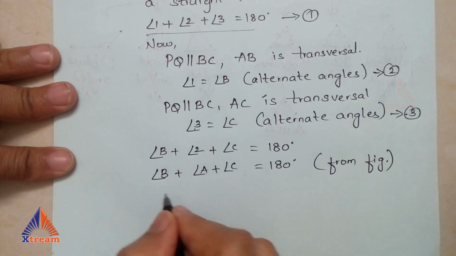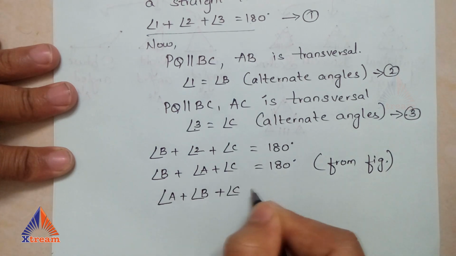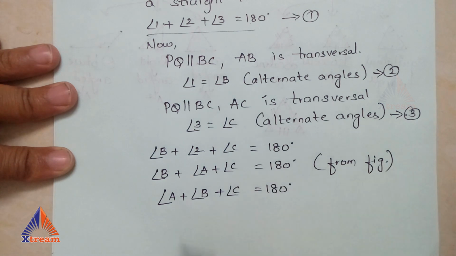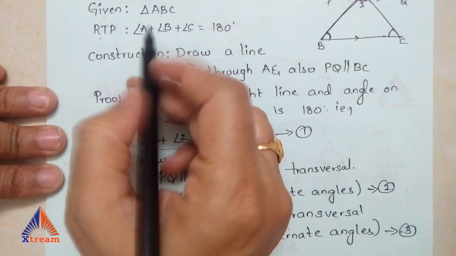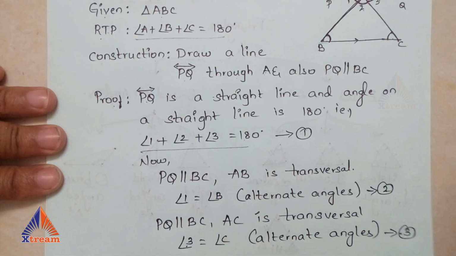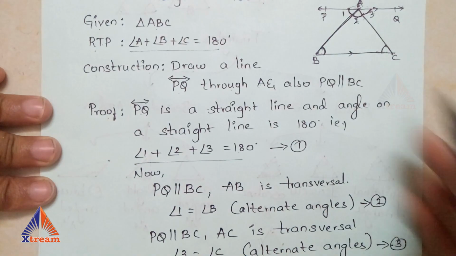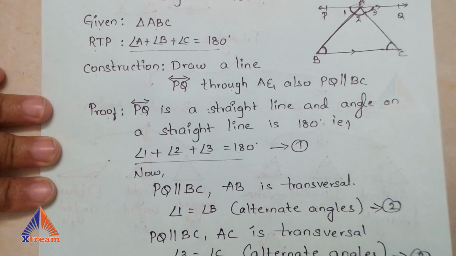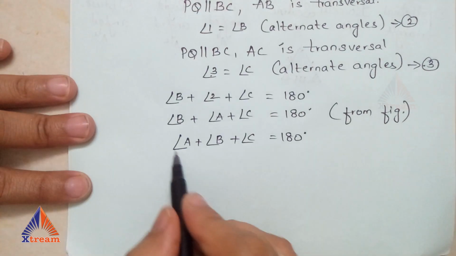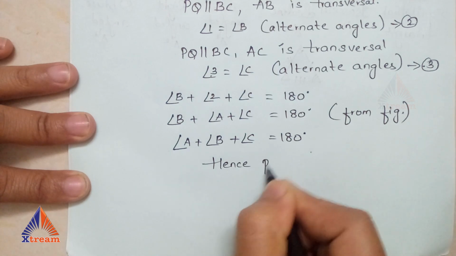If I rearrange it, I get angle A plus angle B plus angle C is equal to 180 degrees, which is exactly what we had to prove, RTP. So we have proved that the interior angles in a triangle add up to 180 degrees. Hence proved.